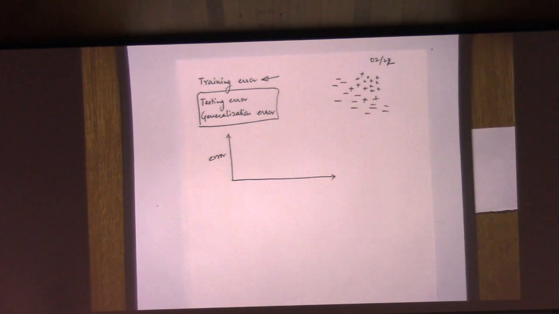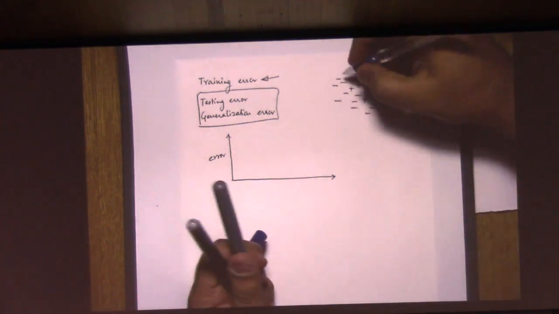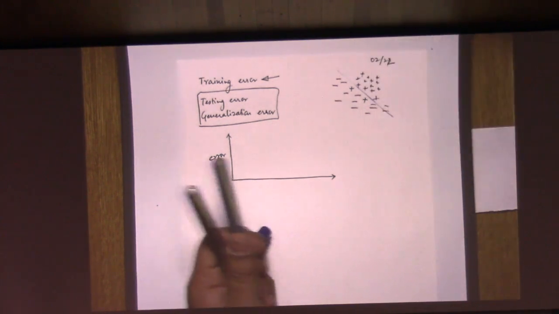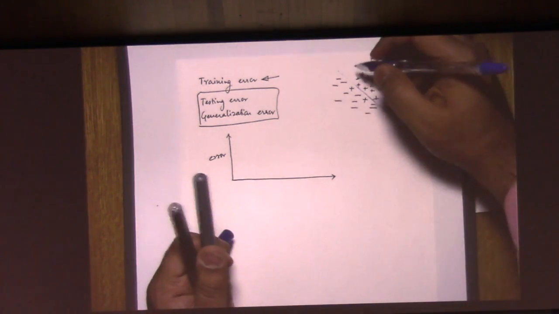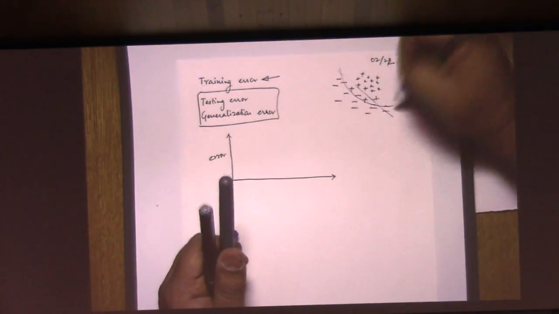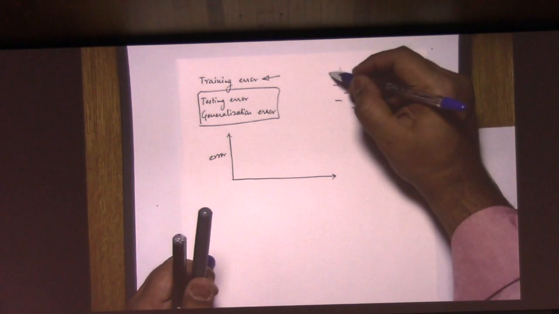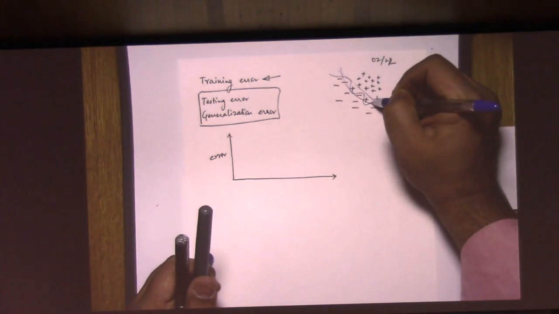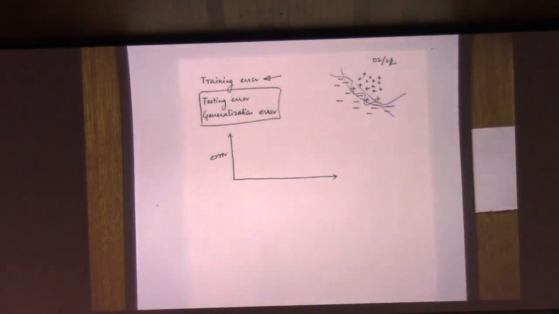If I only draw a straight line, I would do fairly well, but not perfect. However, if I make it a quadratic curve, I might do a little better. And if I keep making my curve more and more complex, you can always draw a curve which eventually does distinguish between the two types of points.